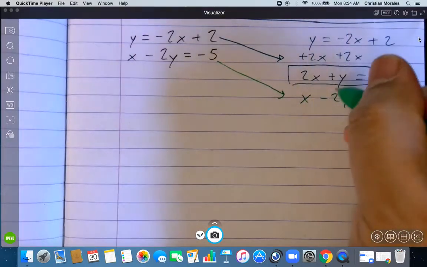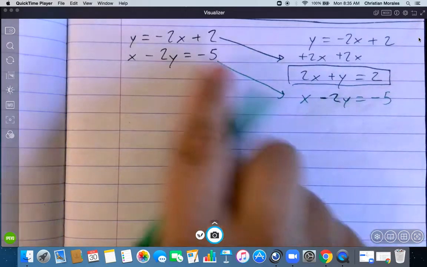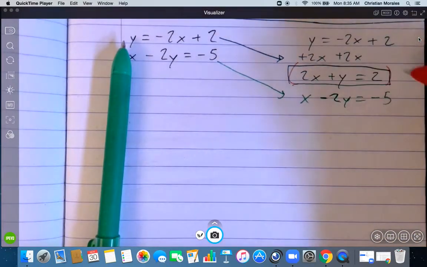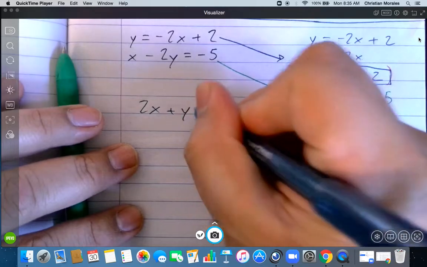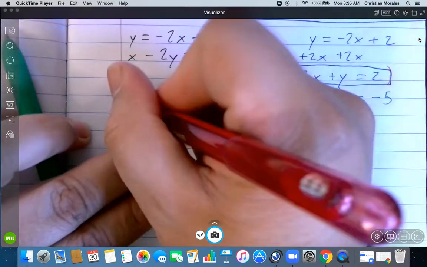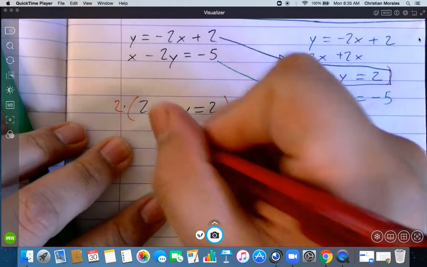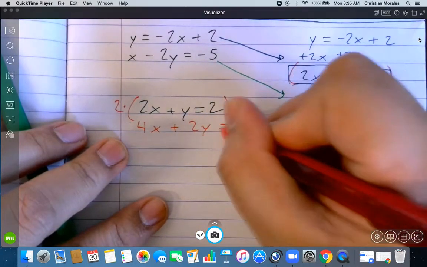Well, since this is a negative 2 right here, what I can multiply this by is just a regular 2. If I take this entire problem and multiply it by 2, let me show you. I want a 2 in here, so I'm going to multiply the entire problem by 2. I distribute. I'm going to get 4x plus 2y equals 4.